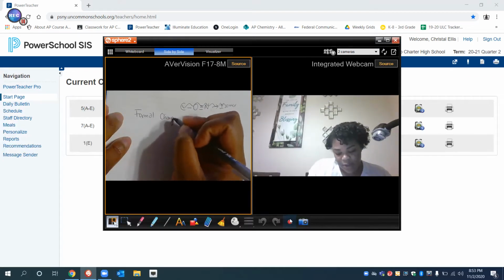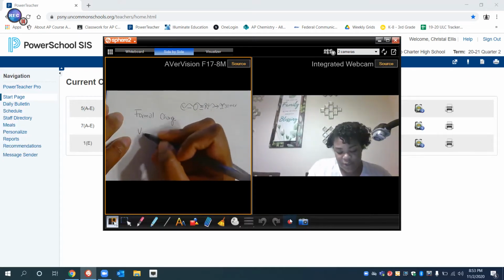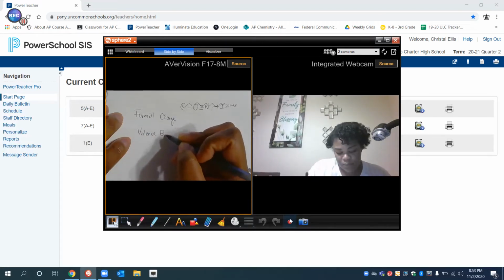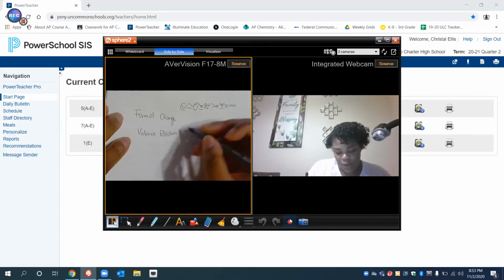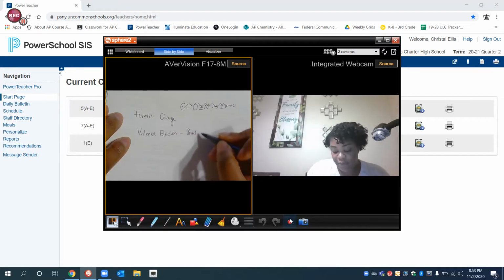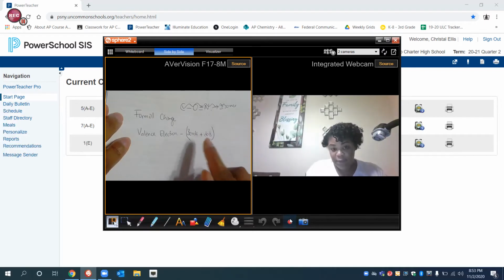We need valence electrons minus the number of bonds and your dots. So sum up your dots, sum up your bonds, and then subtract it from the valence electrons.